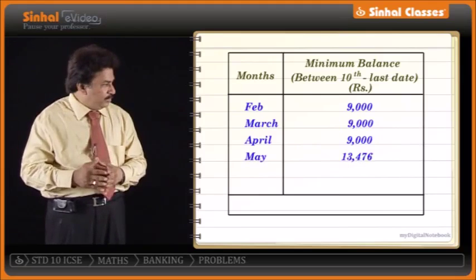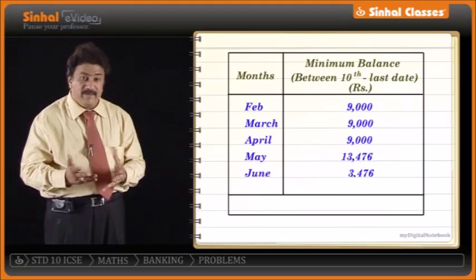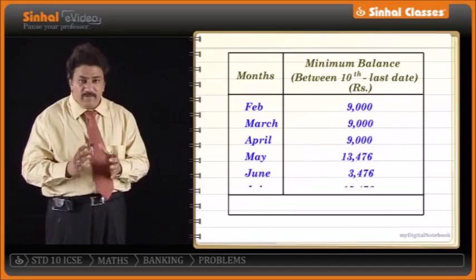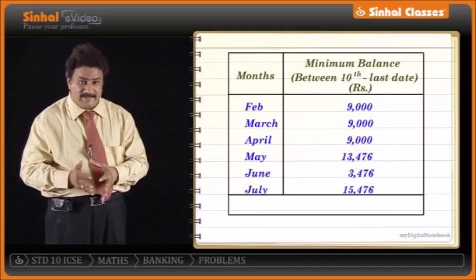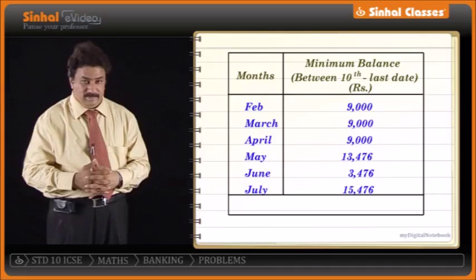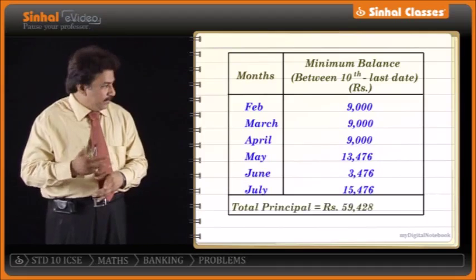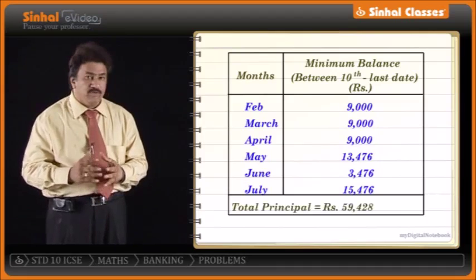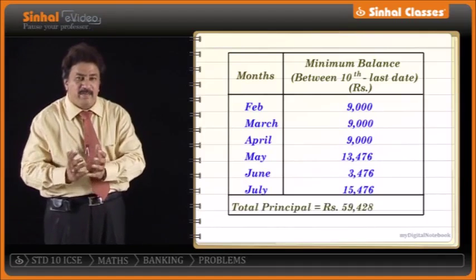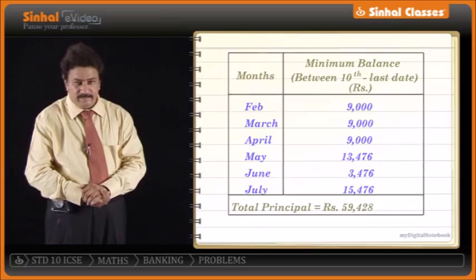For the month of June, it is 3,476. And for the month of July, it is 15,476. If you add them together, we get a total principal, that is rupees 59,428. So 59,428 is nothing but the total principal.